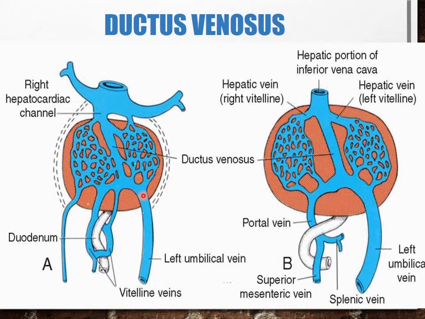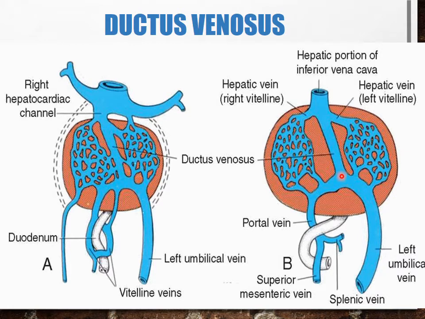So this is their proximal part, and in the remainder, on the right side, the right umbilical vein disappears and regresses. The only vein responsible for carrying blood from the placenta is the left umbilical vein. So the left umbilical vein persists, and it is the only one to carry blood from the placenta to the liver.